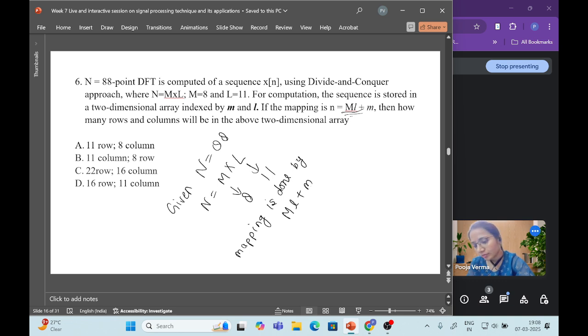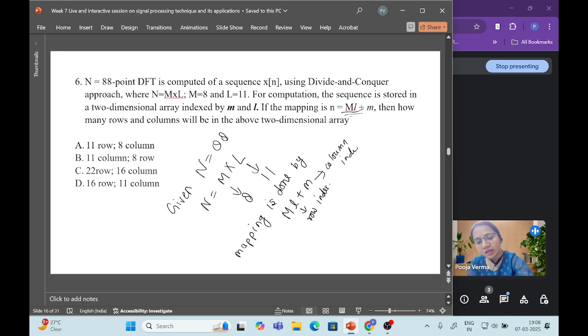Already we know that small l is the row index and small m is the column index.